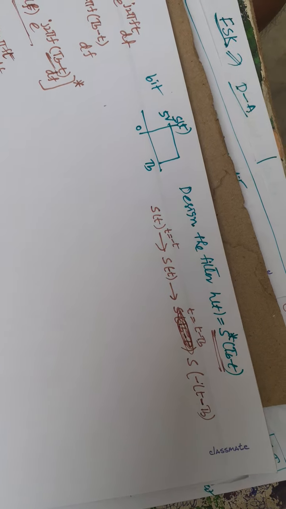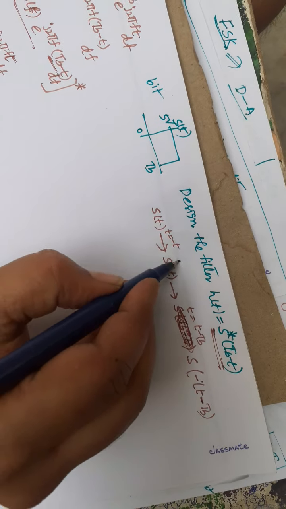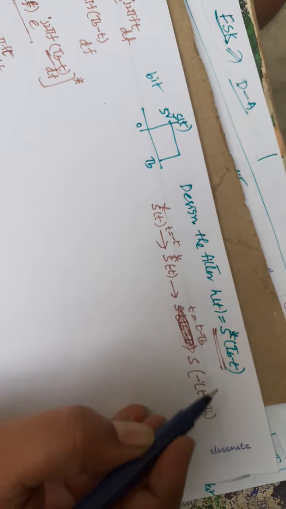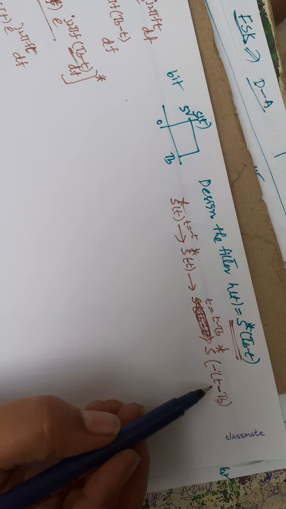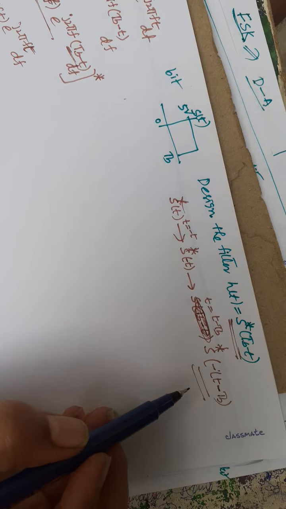By taking the complex conjugate, it is the same as s(Tb minus t).